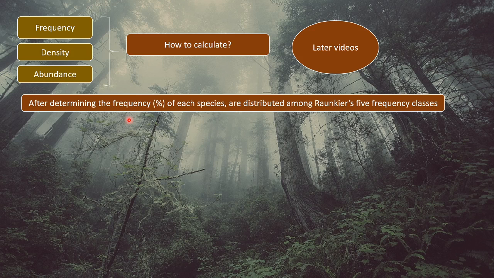Is it repeating again and again? So that is frequency. Some species would have less frequency, some species would have more frequency, right? So in simple language, what is the spread of that species?